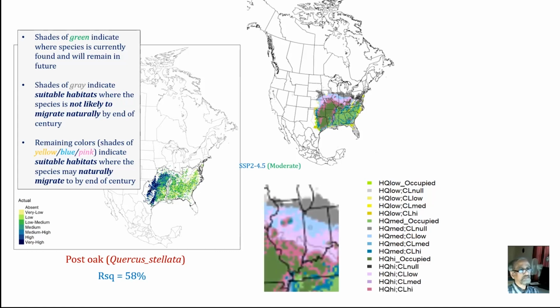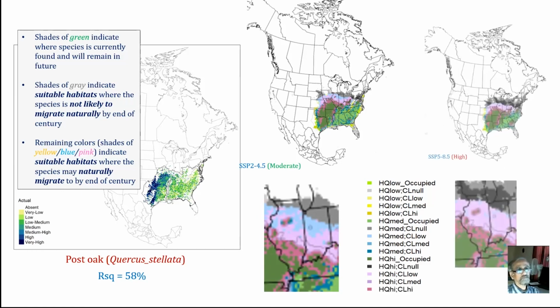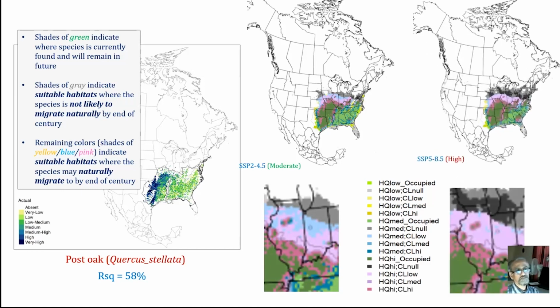Then I'll focus on Illinois so that you get the picture of what's happening in Illinois according to our models. I'll also show you the high emission scenario and the changes from the low to the high based on our models. All right, now I'm going to zoom through various species.